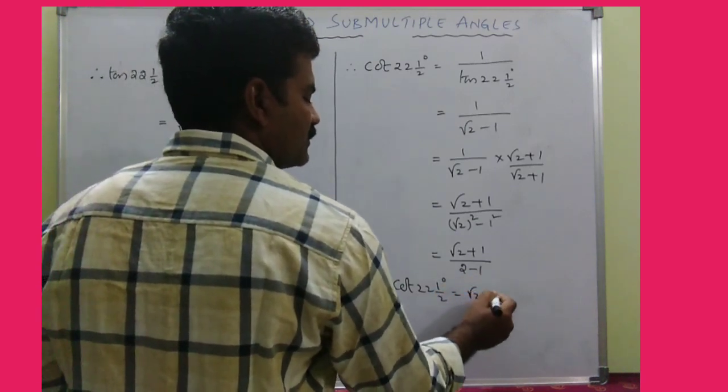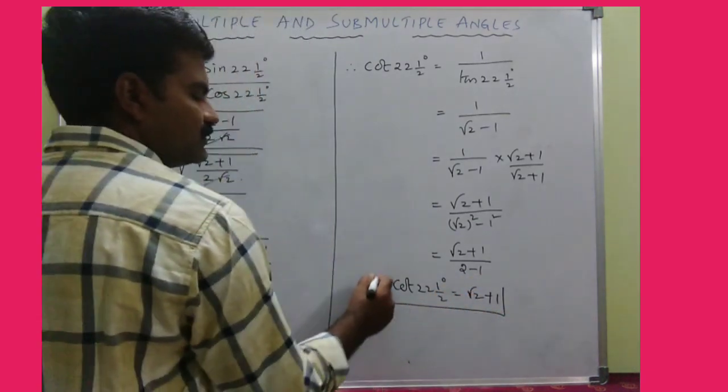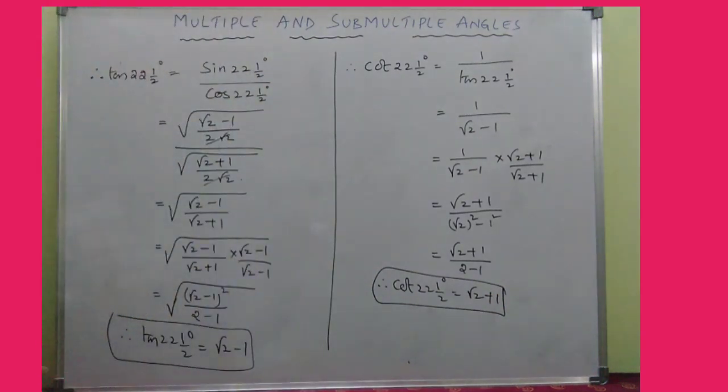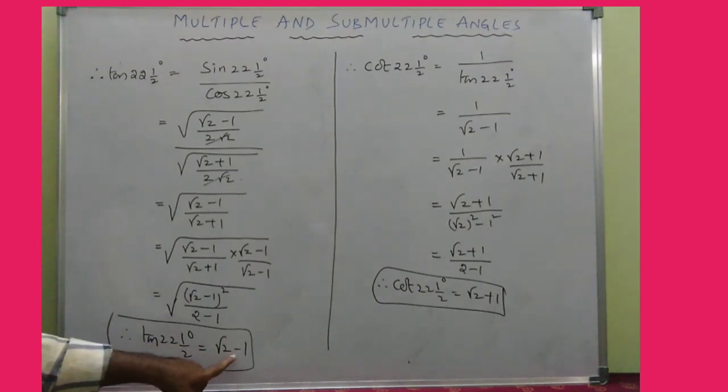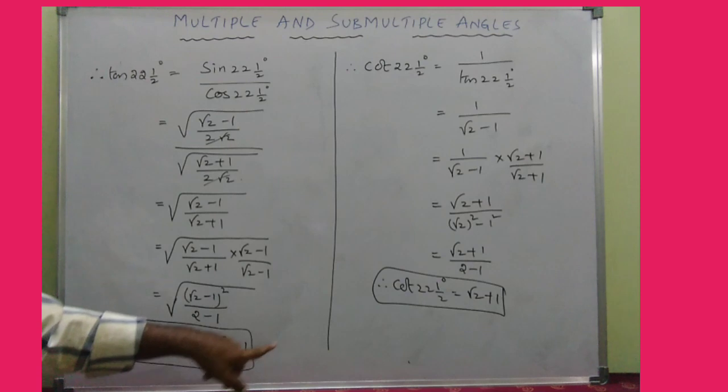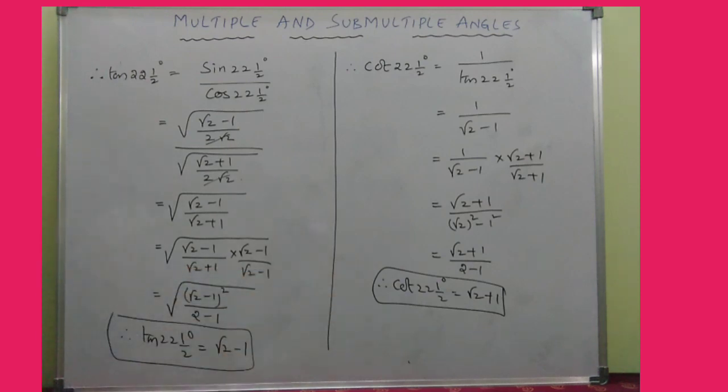So tan 22.5 degrees is equal to root 2 minus 1, whereas cot 22.5 degrees is equal to root 2 plus 1.